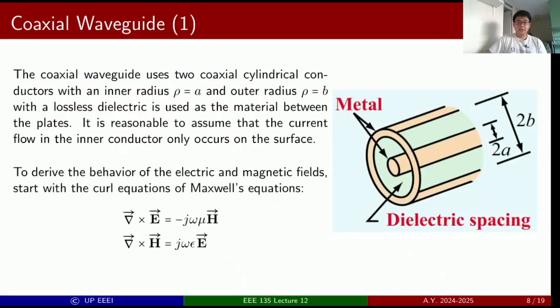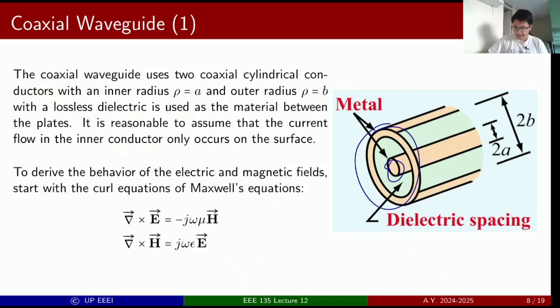Okay. So next is for the coaxial waveguide. The coaxial waveguide, or the coaxial cable, is two coaxial cylinders with radius a and b respectively, with a dielectric spacing between them. So there are two conductors here, the smaller inner conductor and the outer larger conductor.